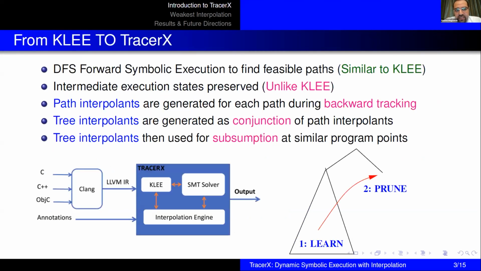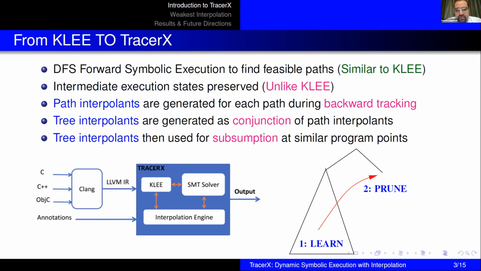So let me explain how we differ from KLEE in a little more detail. We perform DFS forward symbolic execution to find feasible paths, similar to KLEE. Unlike KLEE, we keep the intermediate execution states, and when a path is finished, we generate a path interpolant for the path.